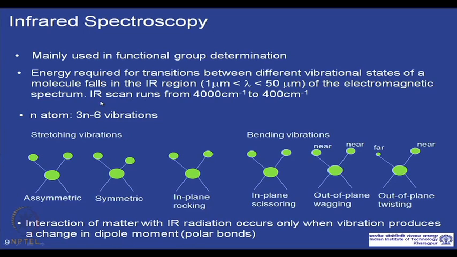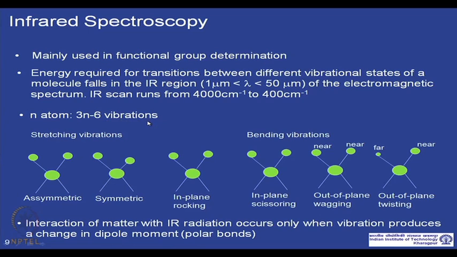Typically we run an IR spectrum from say 4000 centimeter inverse to 400 centimeter inverse, and for a nonlinear molecule with n atoms, the number of vibrations is 3n minus 6.